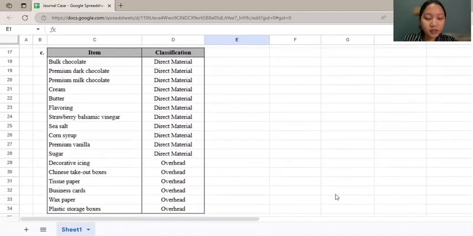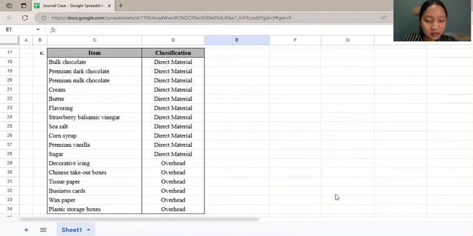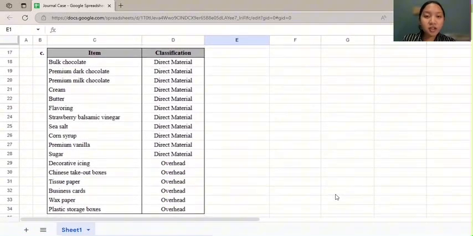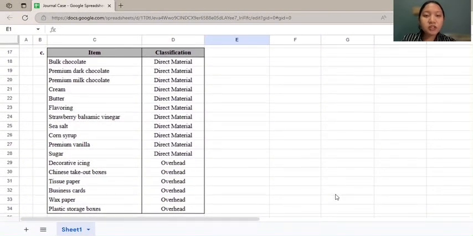And the next one is the classification of the items in table 2 as direct material or overhead material. Before we classify them, of course, we need to know the difference between direct material and overhead material. Direct material is raw materials that become an integral part of the finished product and can be directly traced to it.